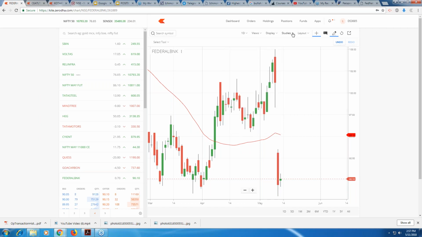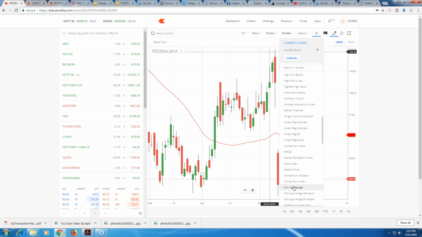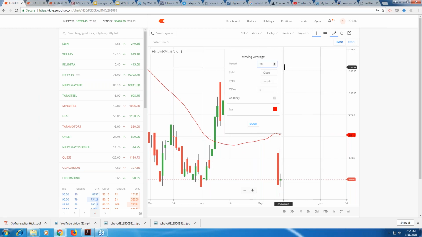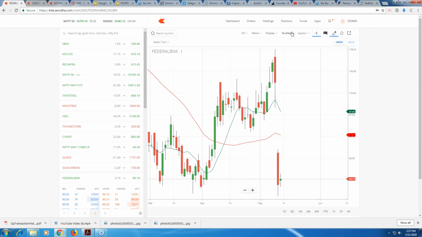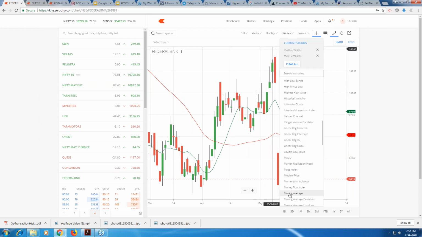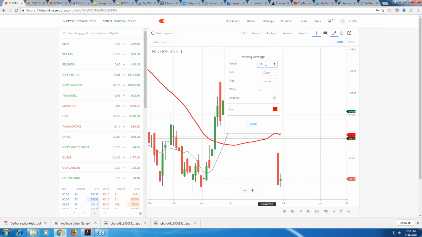Next, again go to the moving averages, and now make it 10 and give it a green color. Then the next, again go to the moving average, same place, and this time make it 200, and the color has to be blue.